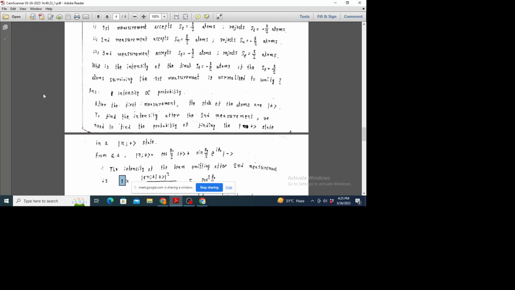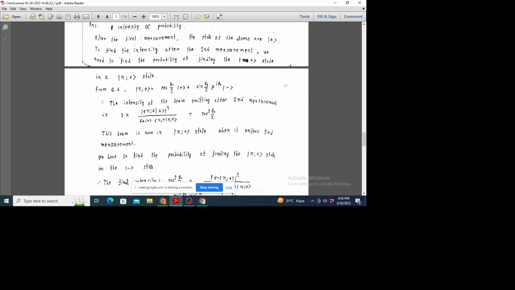So I have just replaced the word probability with intensity, as we discussed, and one is the original probability. So we normalized the intensity of the atoms that survived the first measurement to unity.